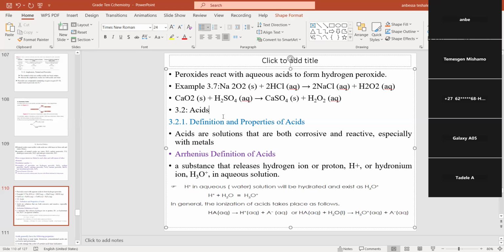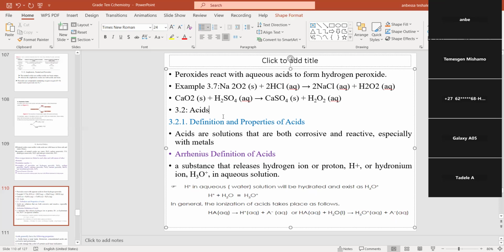So when you dissolve acidic oxide in water we get acid. So there are different definitions of acids: Bronsted Lowry definition, Arrhenius definition, and Lewis definition.